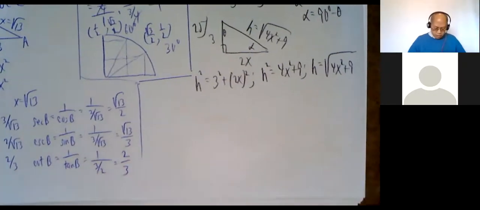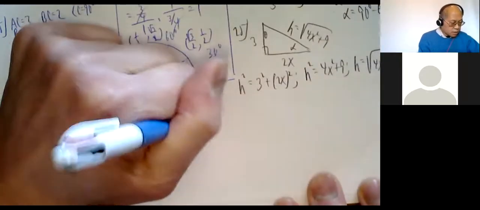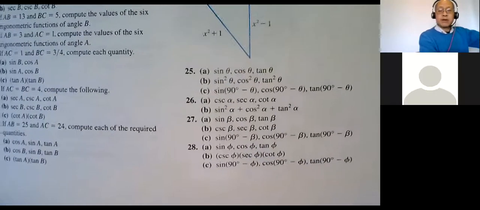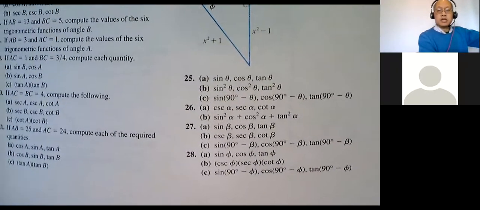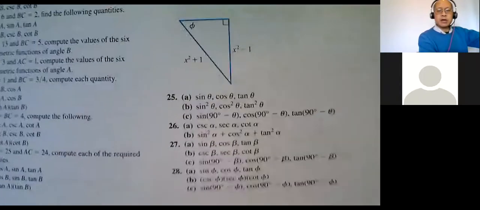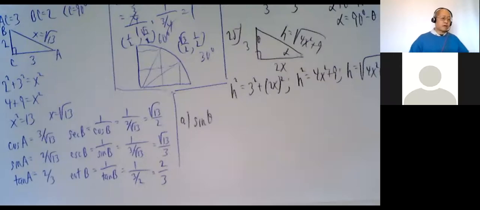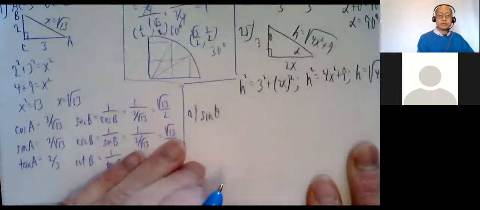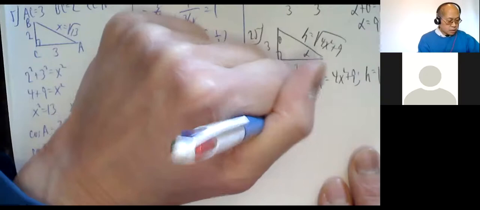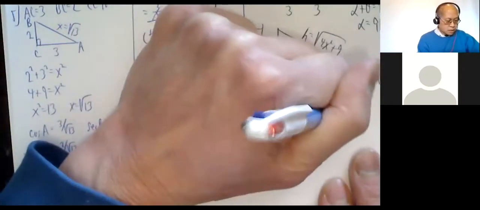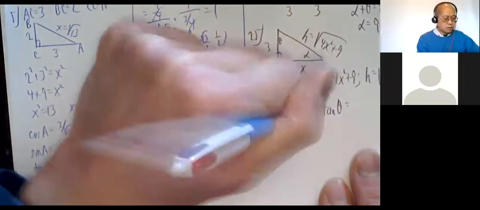Okay, now I can do my SOHCAHTOA. All right, so A asks for sine theta. I'm actually going to go across. They write for 25, sine, cosine, tangent, sine squared, cosine squared, tangent squared, and then a sine, cosine, and tangent of 90 minus theta, which I've now established to be alpha. Okay, so sine theta, cosine theta, tangent theta. So SOHCAHTOA.